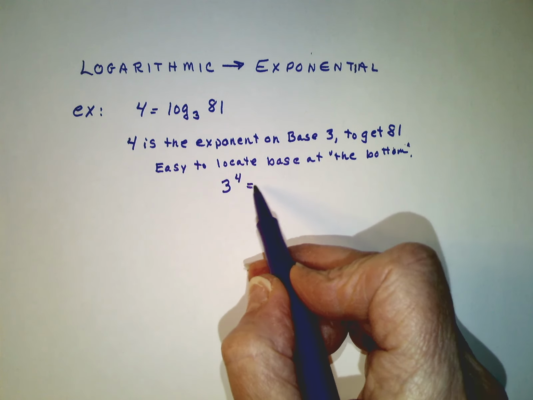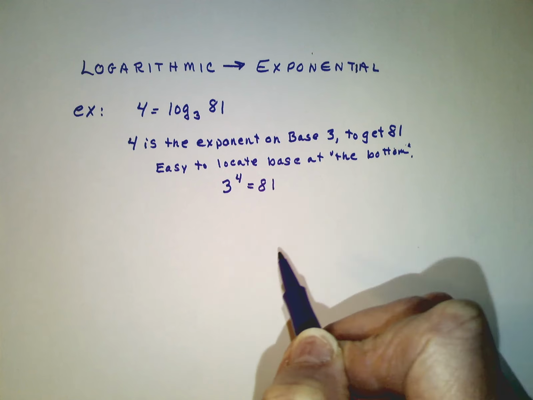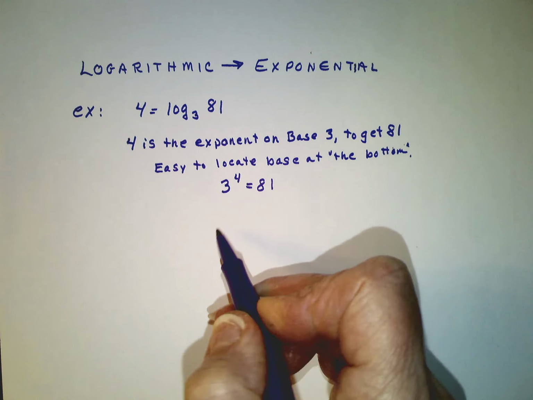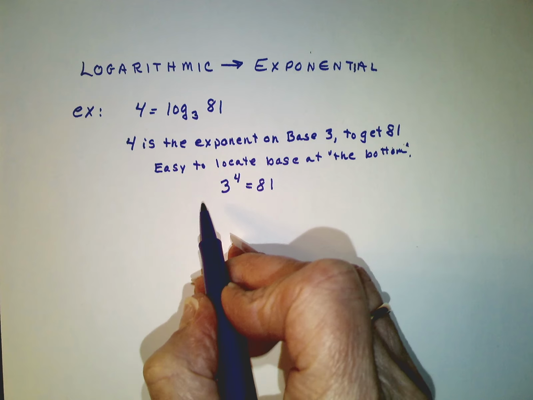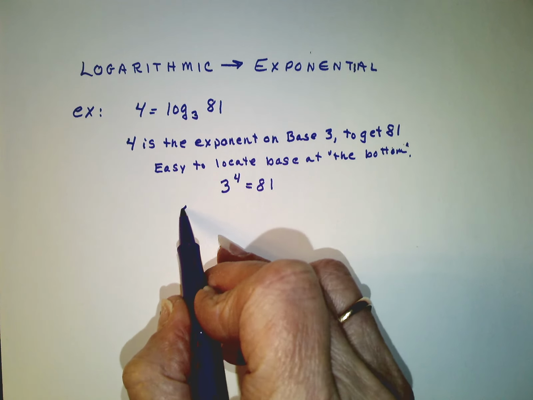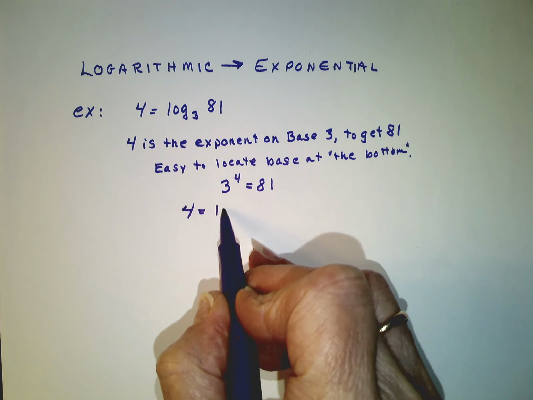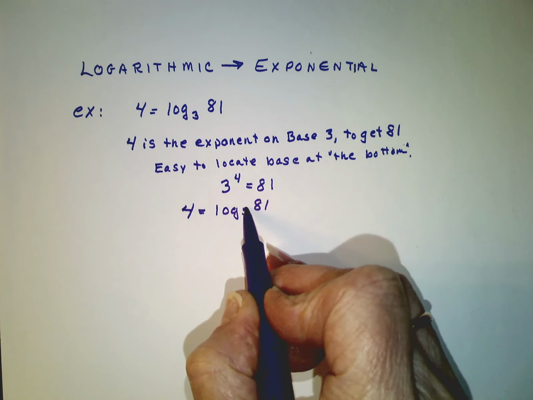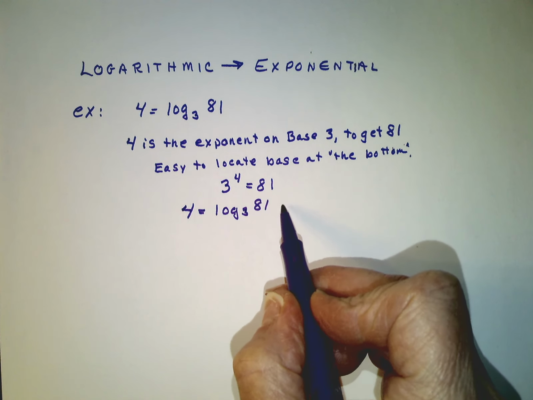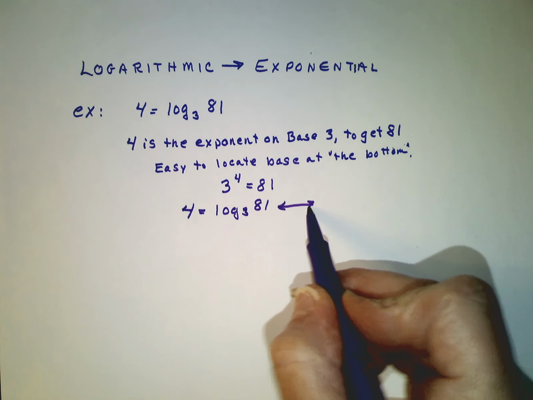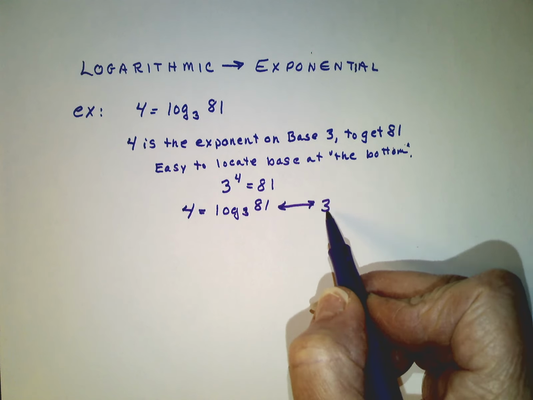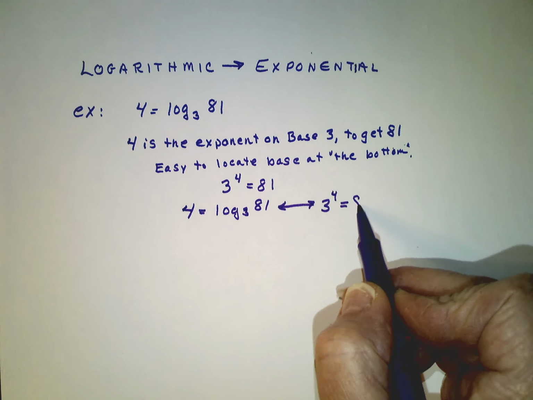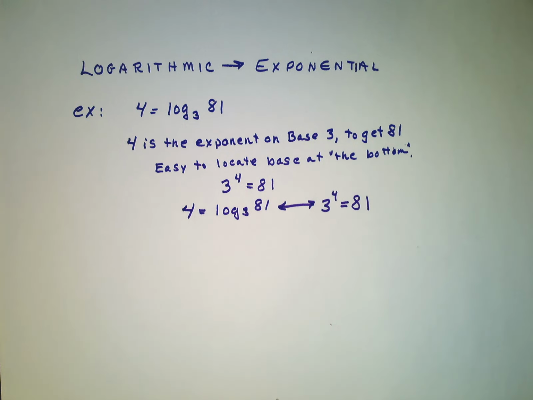And it's supposed to come out to 81. So 4 equals log base 3 of 81 is the same as 3 to the 4th power, base 3, with an exponent of 4 will come out to 81.